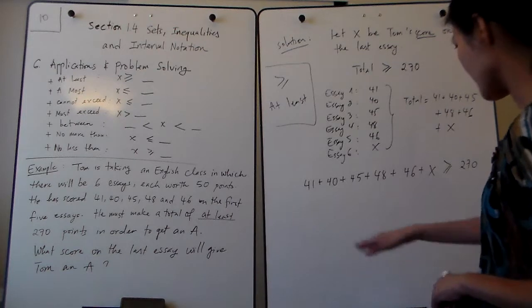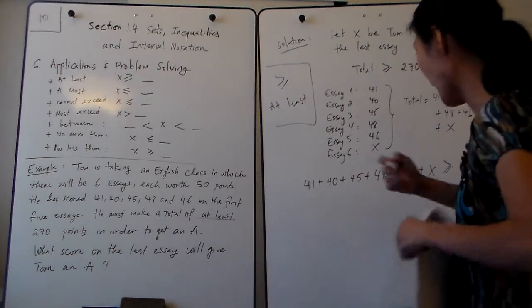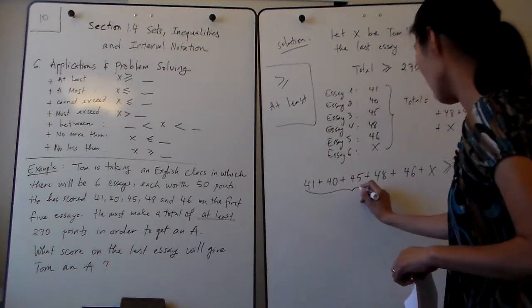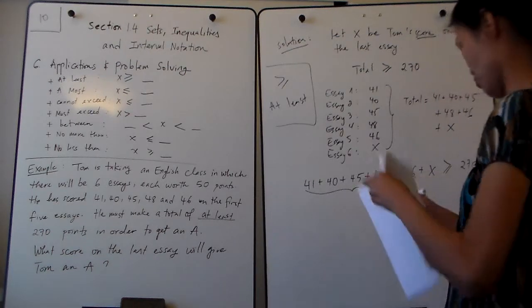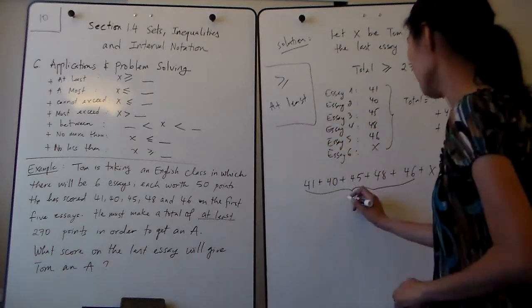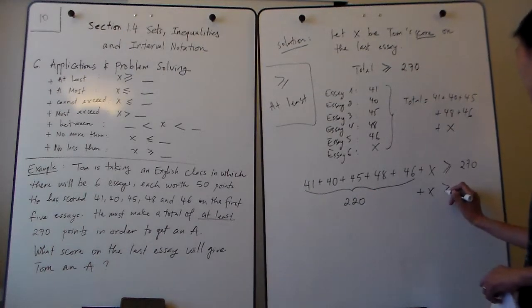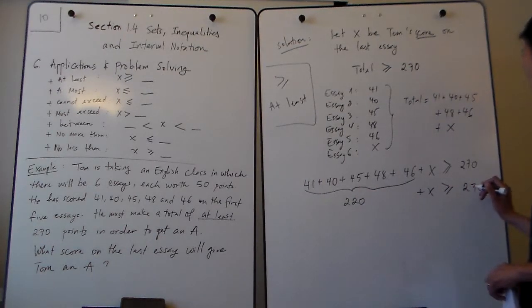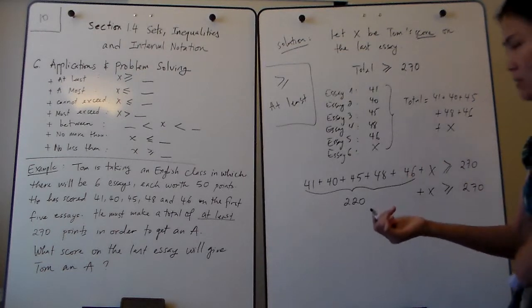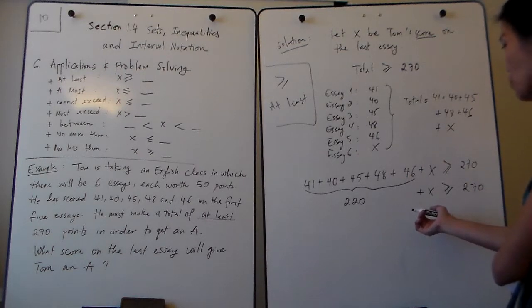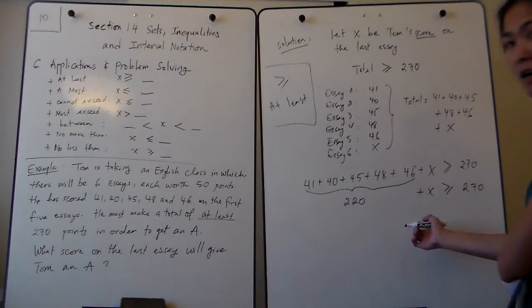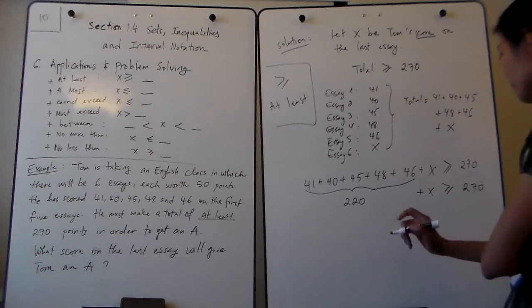We can solve that by simplifying the left-hand side. If you add up all these values, 41 plus 40, 45, 48, 46, you should get 220 plus x greater than or equal to 270. So what is x? We solve for x using the addition principle.